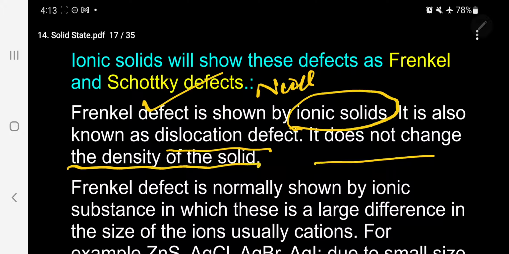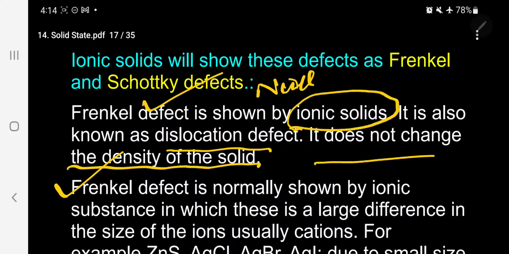So number one, Frenkel defect is shown by ionic solids. Number two, the density of the solid will not change in Frenkel defect. Frenkel defect is normally shown by ionic substances in which there is a large difference in the size of ions, usually cation.